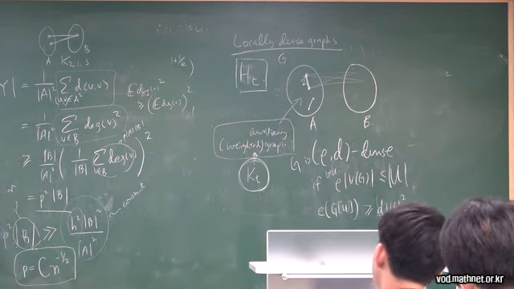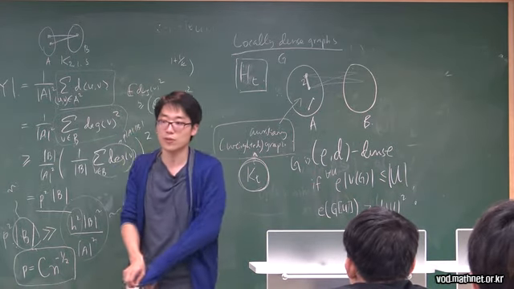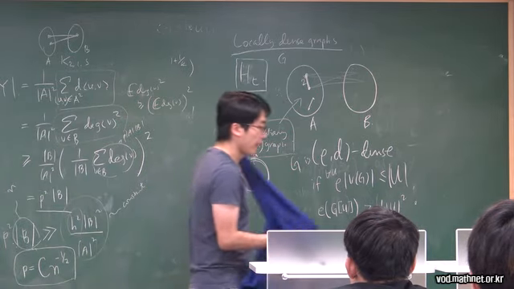Here the half factor is because of the labeling issue. So this is the definition of a locally dense graph.